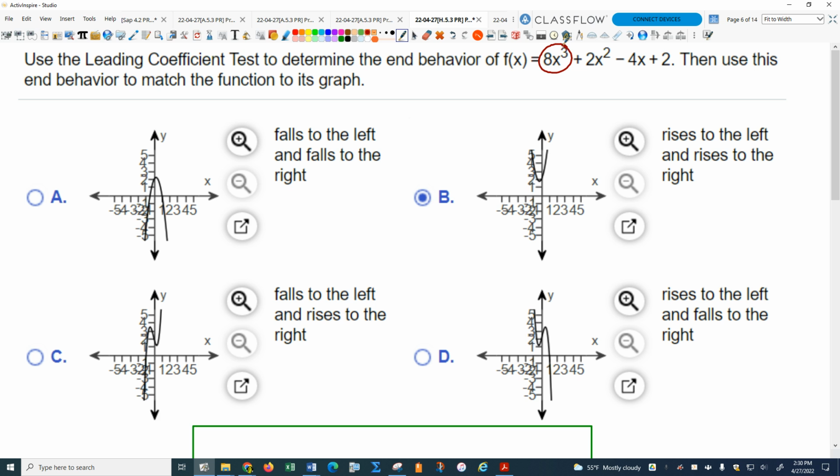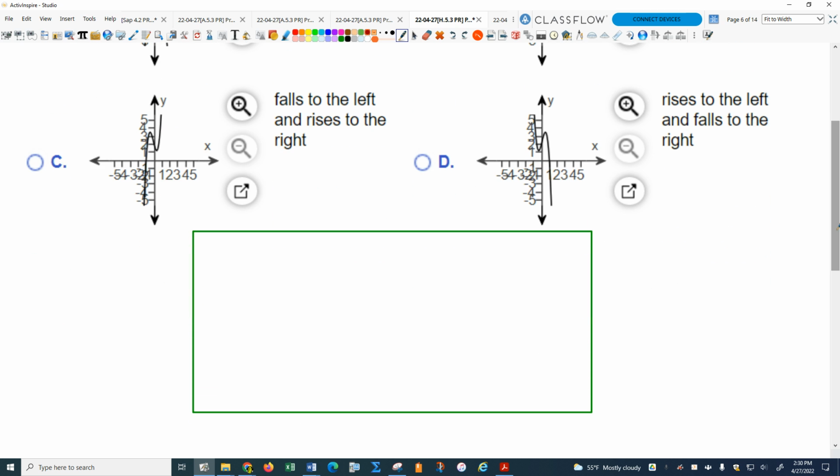A, B, C, or D, which one's right? Positive, odd is that one, right? Falls to the left and rises to the right. Does that make sense? Okay.